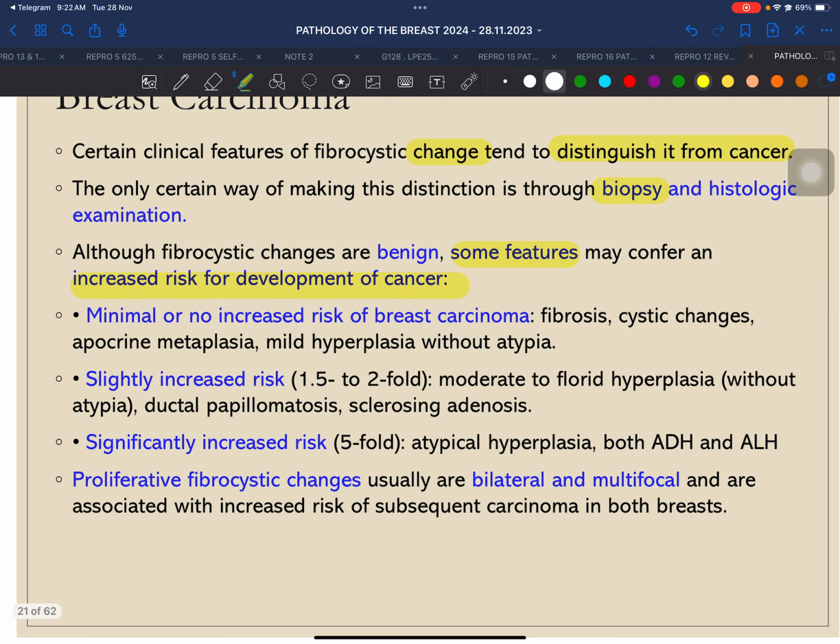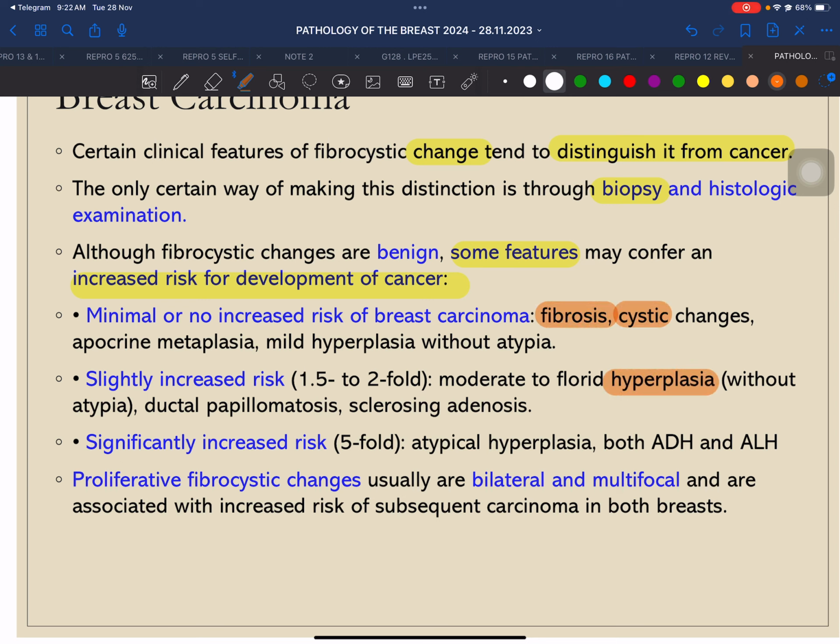When there is moderate to florid hyperplasia without atypia, and when you have sclerosing adenosis and ductal papillomatosis, there is a slight increased risk, about 1.5 to 2-fold.